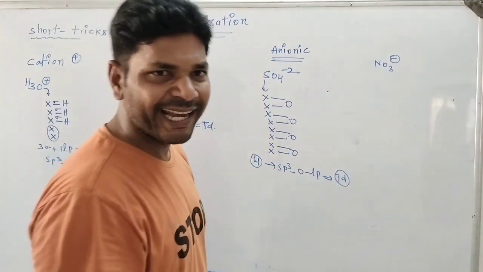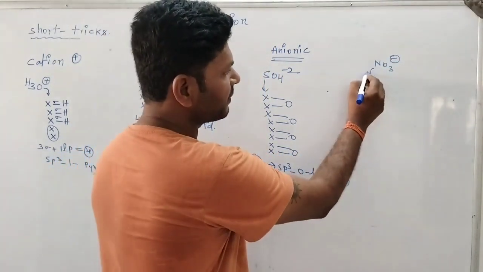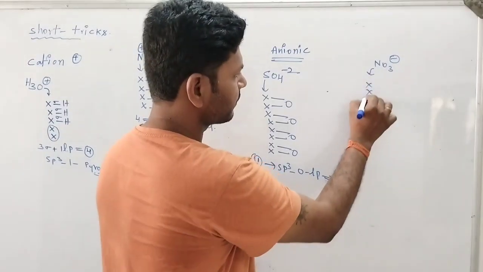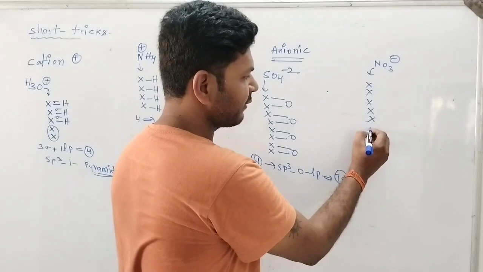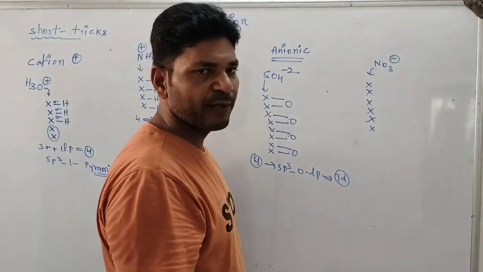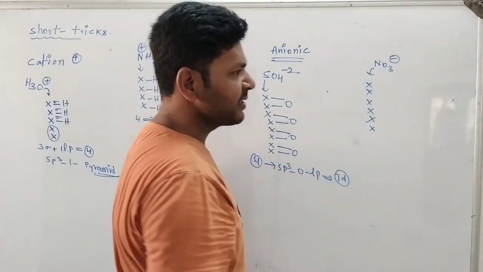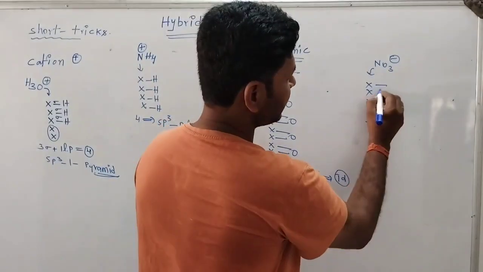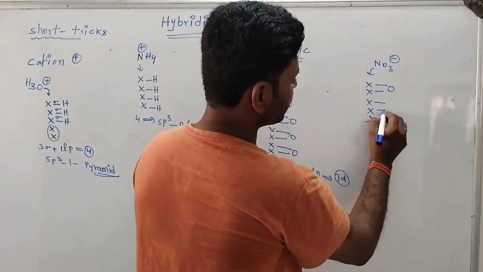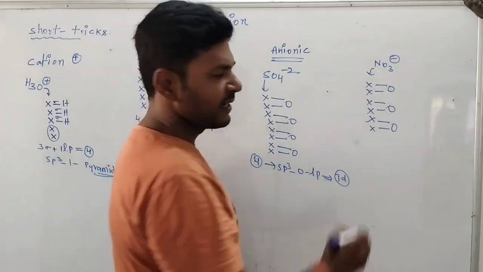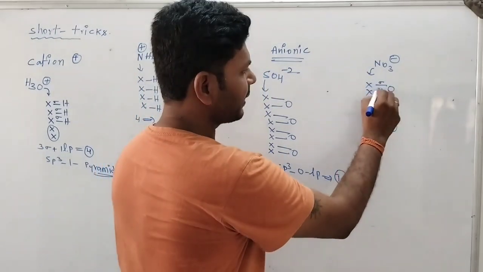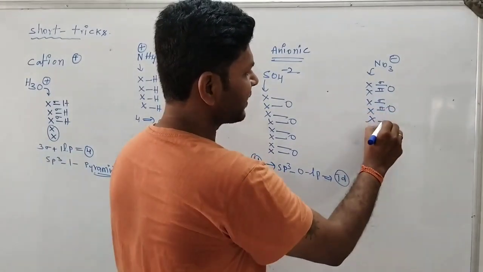Okay, if it is NO3 minus, nitrate anion, nitrogen is group number 5. The charge indicates what? Addition of one electron. So 5 plus 1, 6 electrons are there. Oxygen is divalent, so each oxygen takes 2 electrons. Each oxygen contains 1 sigma, 1 pi bond. Sigma, pi.